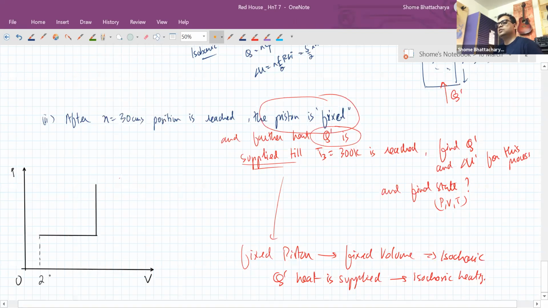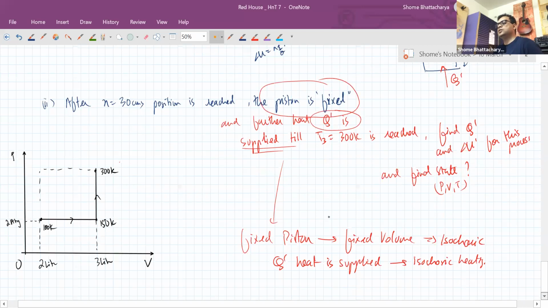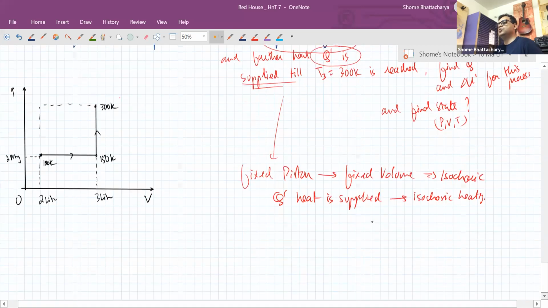It went from a volume of 2 liters to a volume of 3 liters. But now I'm fixing it. I also saw that the temperature went from 100 Kelvin to 150 Kelvin. Now I'm bringing up the temperature to 300 Kelvin. So the second process is isochoric heating. You can see that pressure is proportional to temperature.